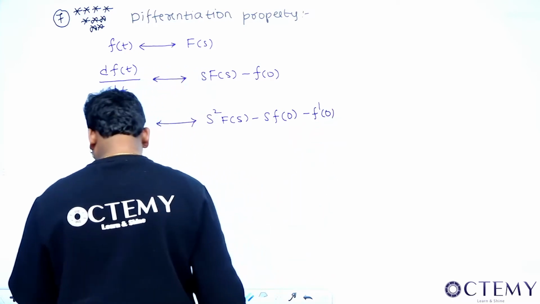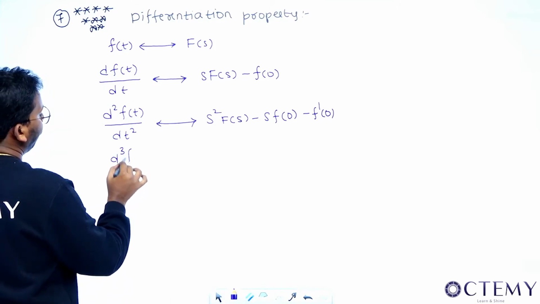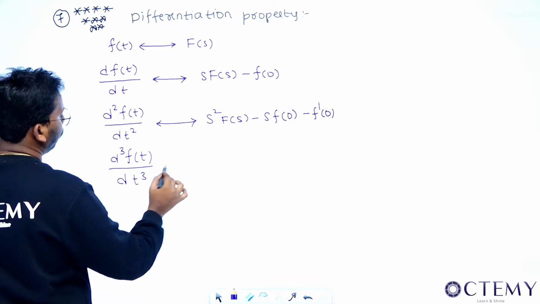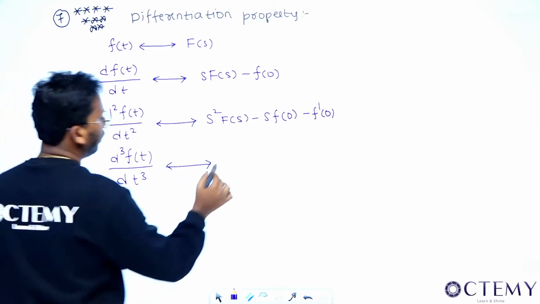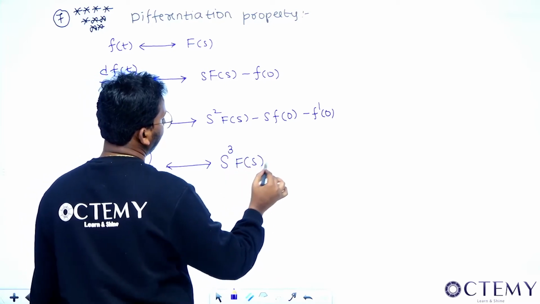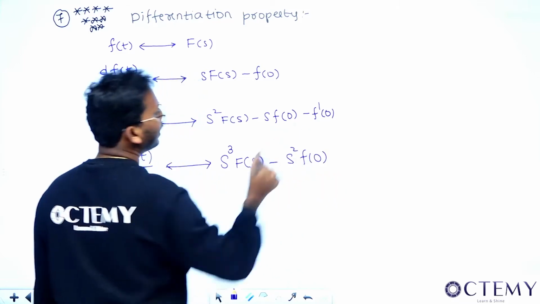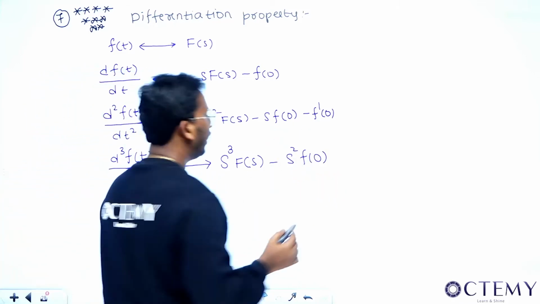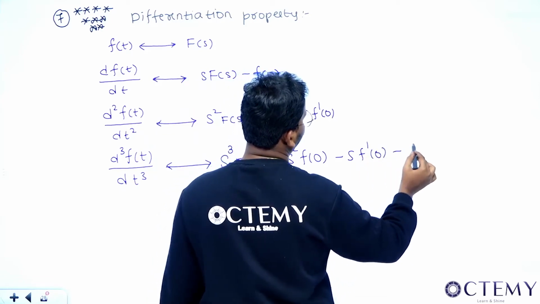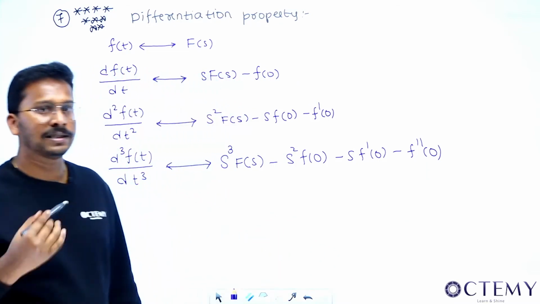It should be s f of 0 minus f dash 0. Similarly, if you want to write d cube f(t) by dt cube, it would be s cube F(s) minus s square f(0). These are all small letters, minus s f dash 0 minus f double dash 0, and so on. You can keep writing it like this, right?